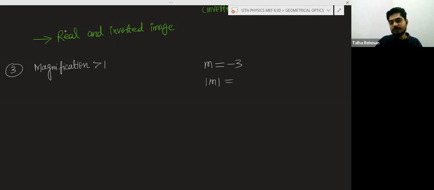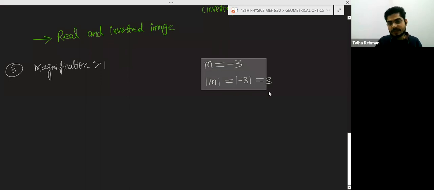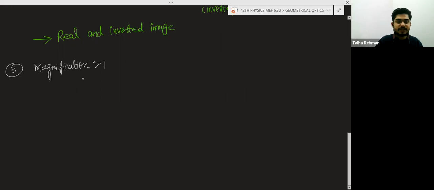The modulus of -3 becomes only 3. So the sign will never decide the magnitude of magnification. If it is -3, you can say the height of the image is greater than the height of the object.